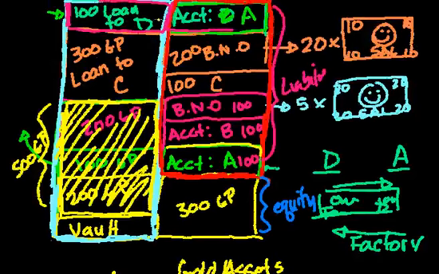And what keeps banks from just issuing more assets and debts to expand their balance sheet is a reserve ratio requirement.